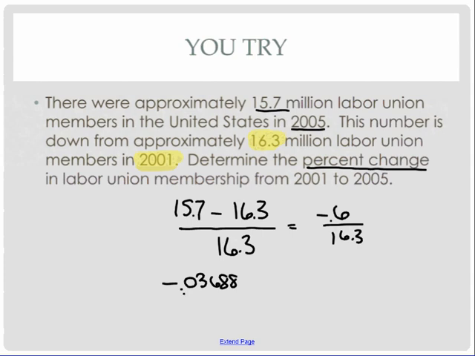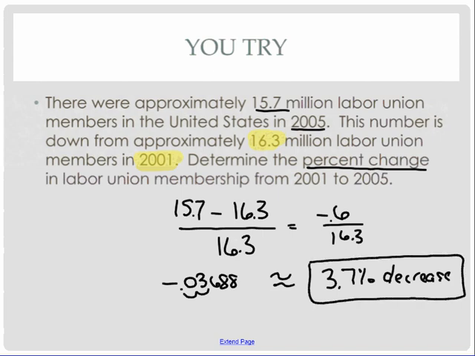Then we'll move that decimal 2 places, and I get 3.7% decrease. Notice that I do not need to put that negative out here because that negative is taken care of by the word decrease. Okay, right on. Let's keep going.